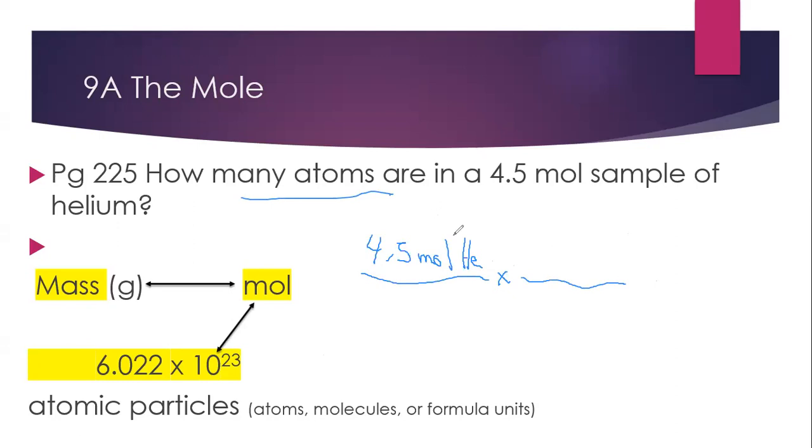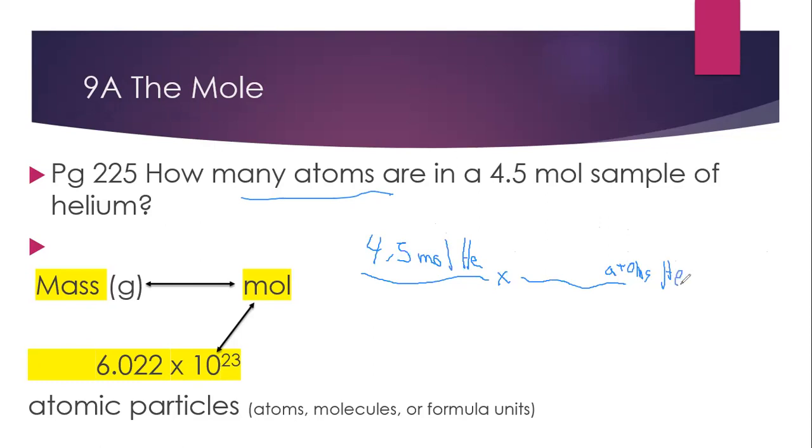Okay, so I'm starting with moles, given. And here's moles, I'm going to atoms. This is like stepping stones. Everything goes on top where we're going to. So I've got moles here, I'm going to atoms, so I'm going to put atoms of helium.